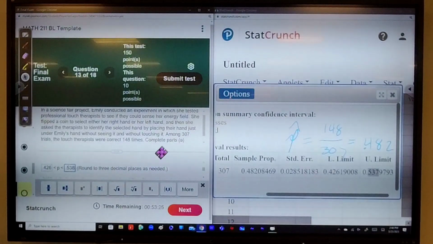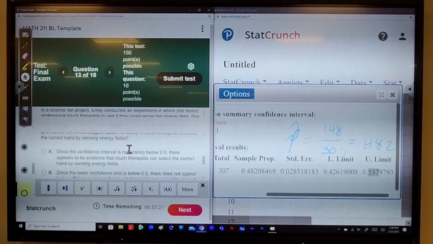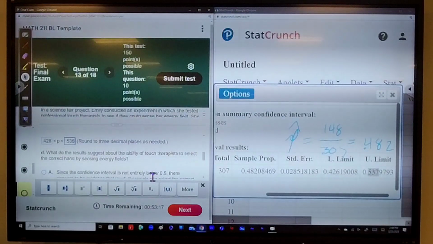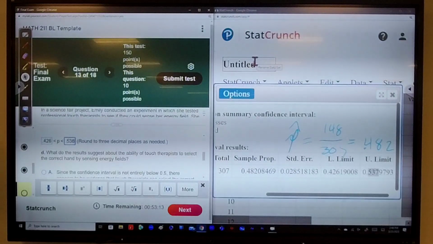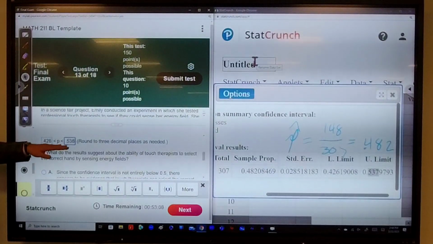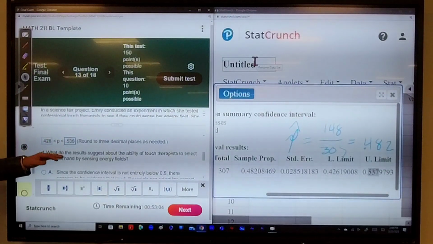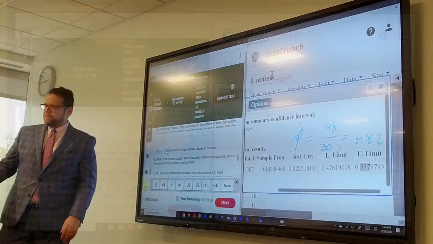Being sure to round as appropriate. What does this suggest about the degree of their clairvoyance? Well, 50% is contained in this interval, so it's entirely plausible that they have a technique no different from a random guess.